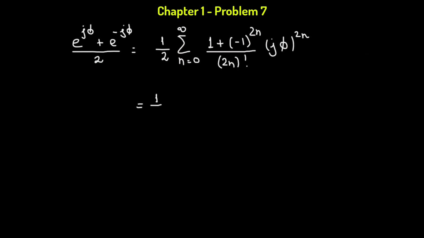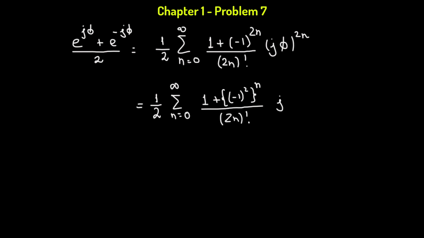Or half summation n going from 0 to infinity of 1 plus, so we write (negative 1) raised to the power of 2n as [(negative 1) squared] raised to the power of n, divided by 2n factorial times j raised to the power of 2n, which can be written as (j squared) raised to the power of n, multiplied by phi raised to the power of 2n.